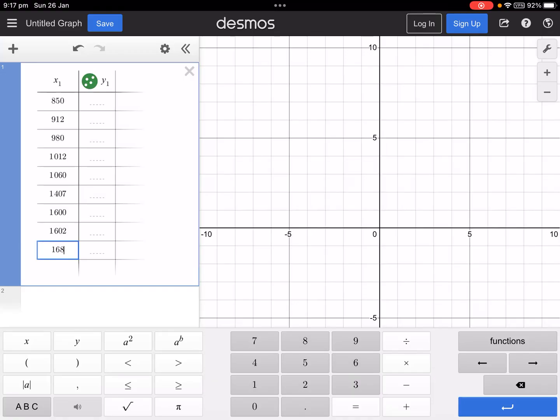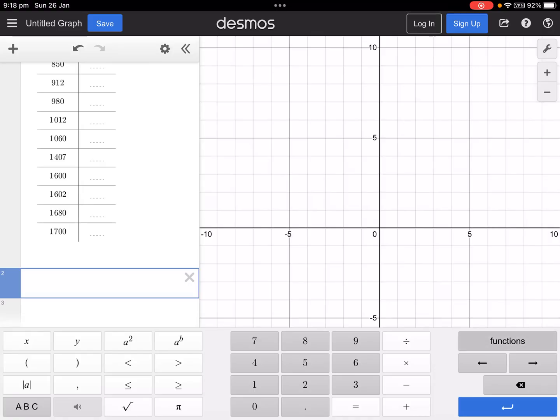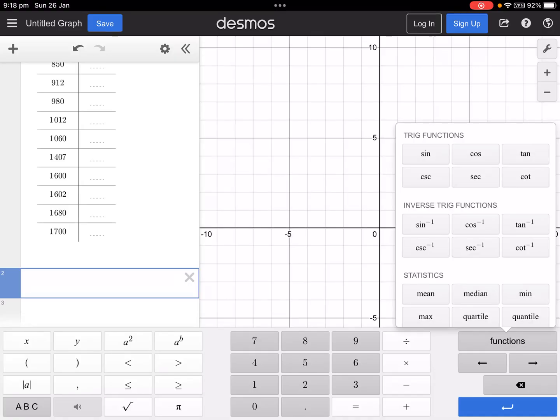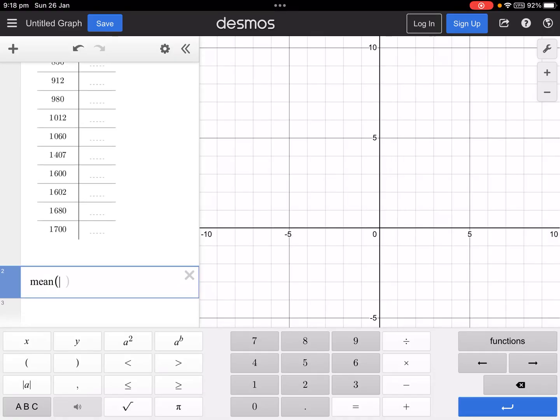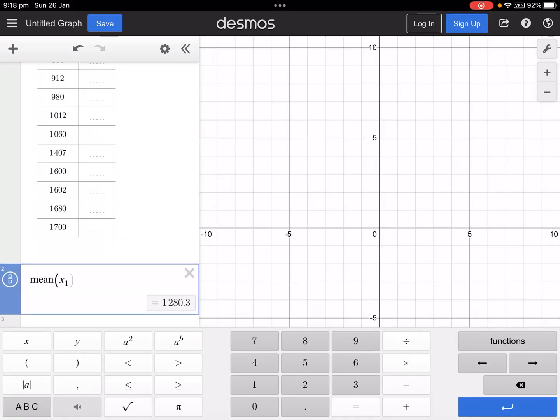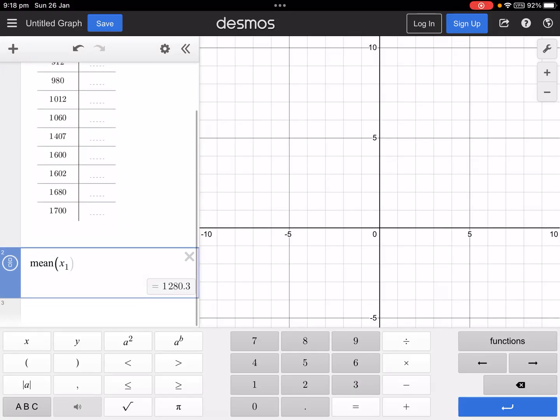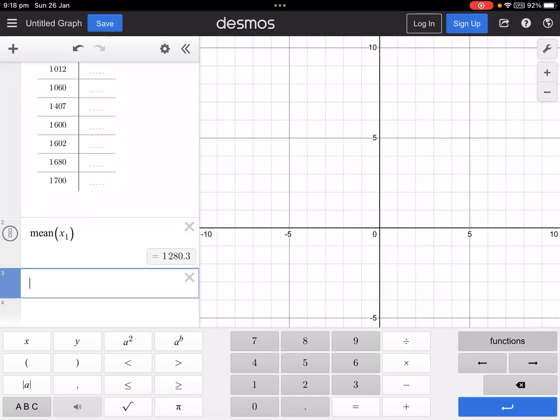So now we're going to go to functions. We're actually going to use 2 functions this time. We're going to do the mean. We're going to use that table, right? So the values are in the x1. So that's our mean. And then we're going to do another function, standard deviation p, right? That's the one that we want right there, x1. All right, so we've got our answers.